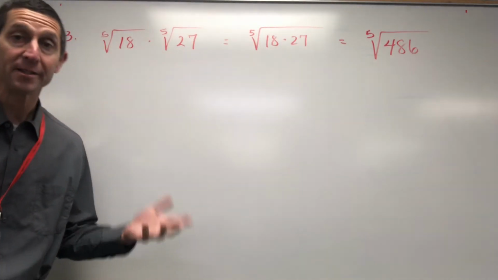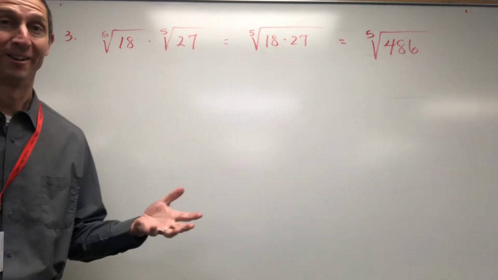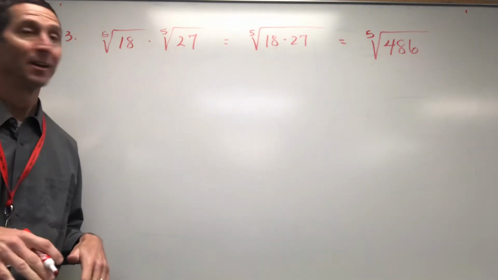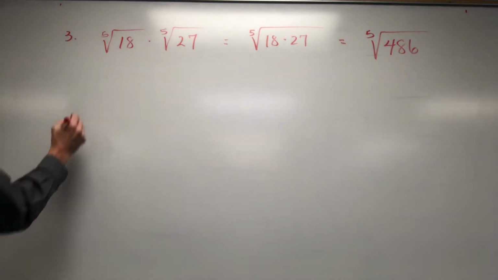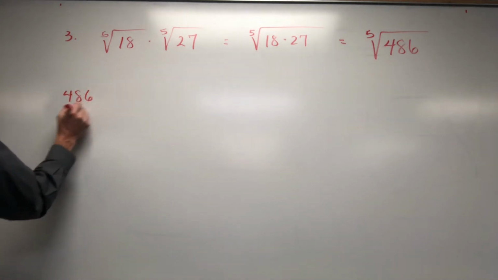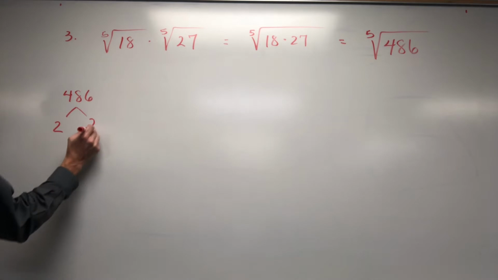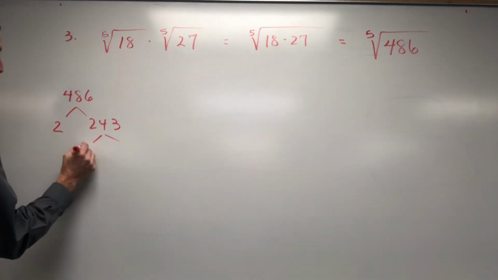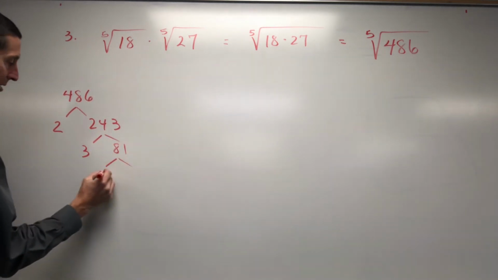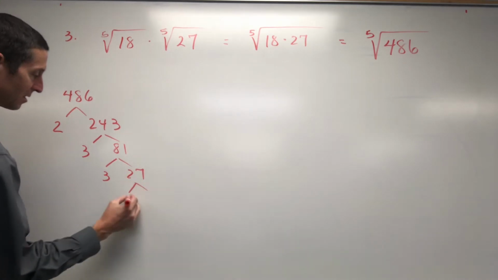Now 486 is not a nice, neat fifth root. It's not like 32 and 2. So we've got to go to work on him, old school math. Let's factor tree the 486 down and see what we got left. What is that, 243 and 2? Yeah, I think so. So 2, 243, 81 times 3, 27 times 3.